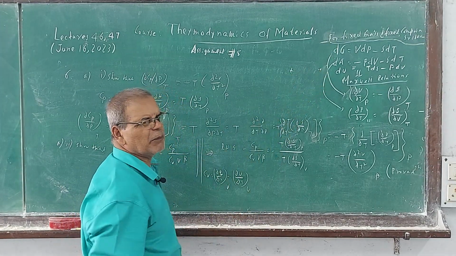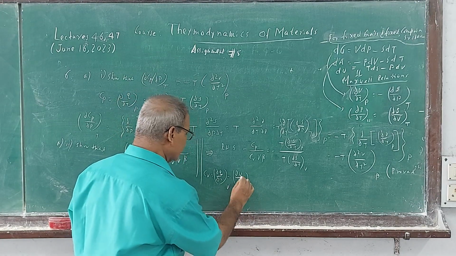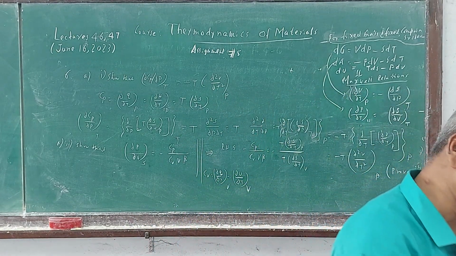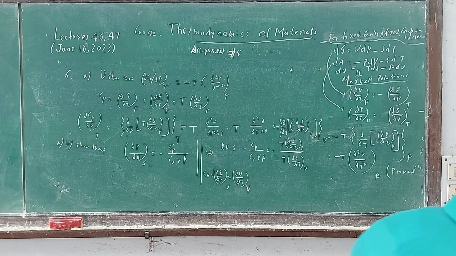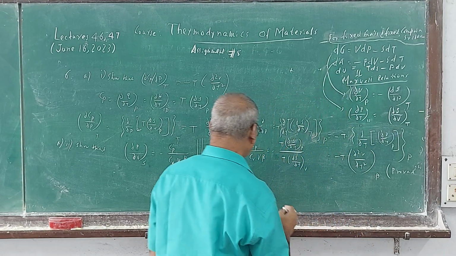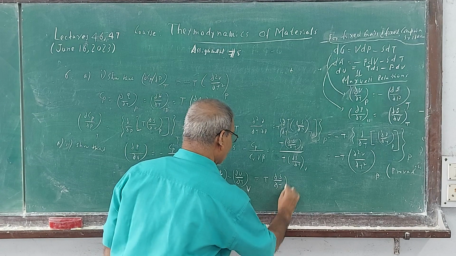Suppose you don't remember all this, how many will you remember? So du at constant volume is what? First law. Anything brought to you, first law always. Under constant volume dq is T ds. Here also du is T ds. So no problem, T del S, del T at constant volume.